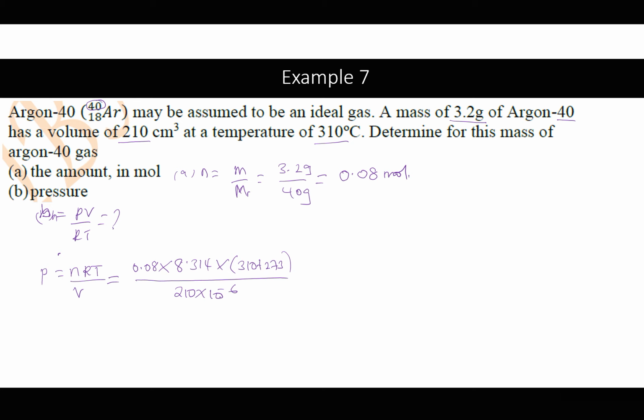So let's press our calculator. 310 plus 273 times 8.314 times 0.08 divided by 210 exponent negative 6.